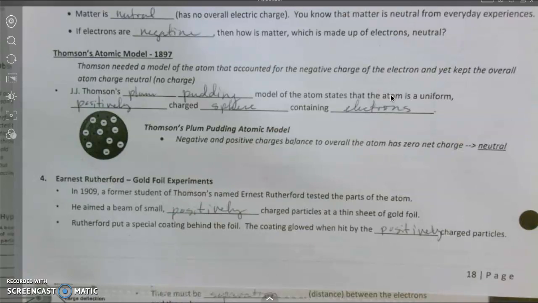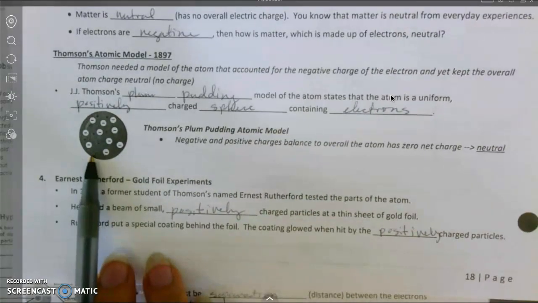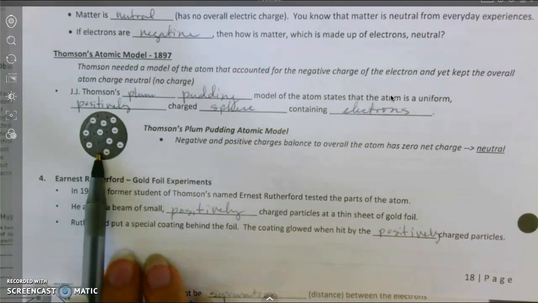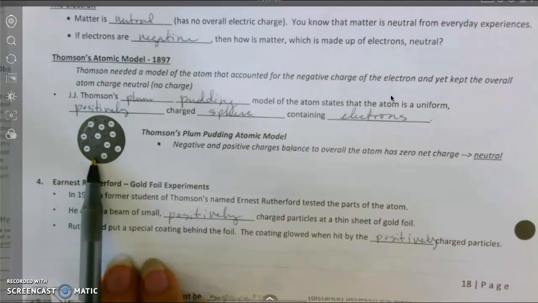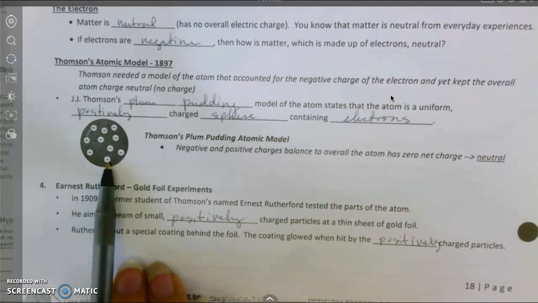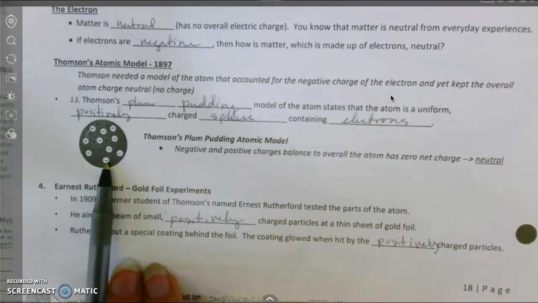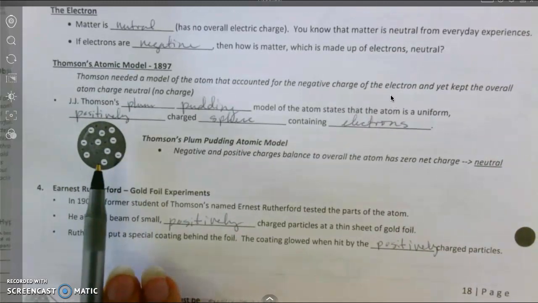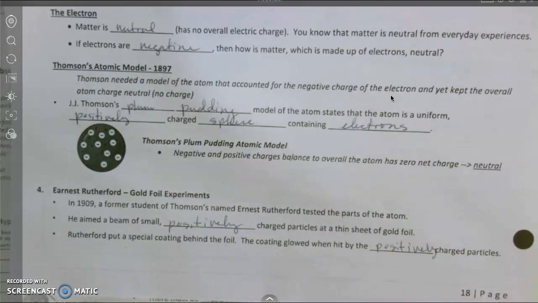The pudding part of this plum pudding model is the positively charged mass, and the plums in the plum pudding are the negatively charged electrons. So we've continued this idea of the atom: yes, it is neutral, but it contains negative charges, which means it also has to have positive charges as well.